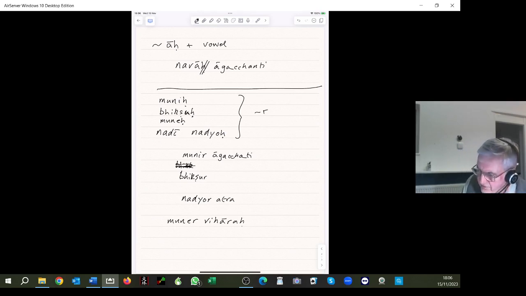Just as the genitive of muni is muneh, so the genitive of bhikshu is bhikshoh. So the bhikshu's practice would be bhikshor bhavana.